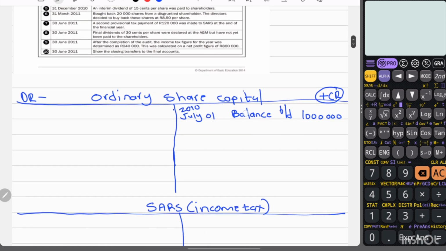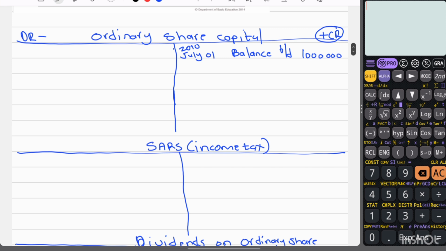Let's go to our SARS income tax. What do we know about SARS income tax is that this is our liability. It increases on the credit side, decreases on the debit side. So here at the beginning of the year, 2010 July 01, we are having our balance brought down. How much is our balance brought down? Our balance brought down is 9,000.